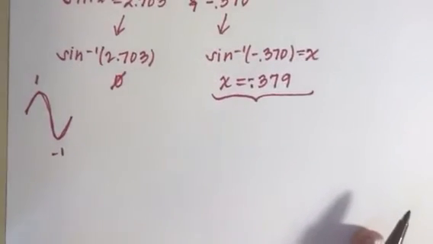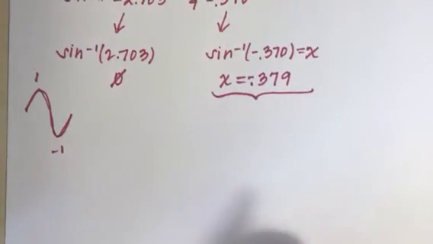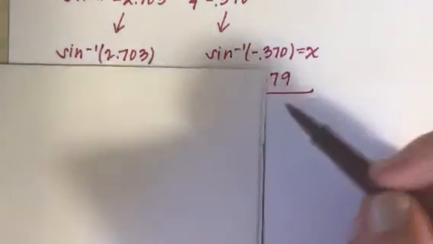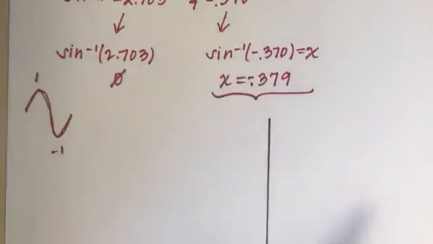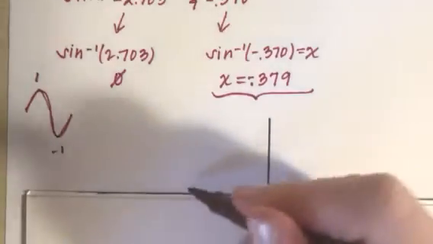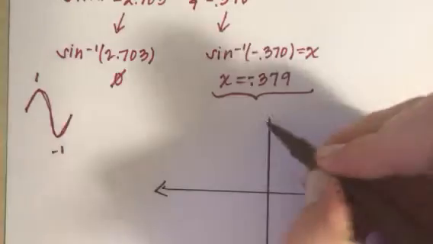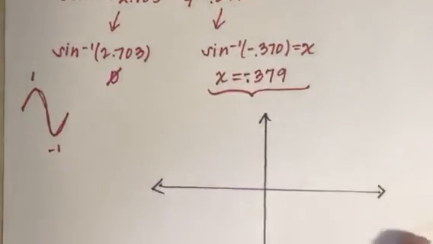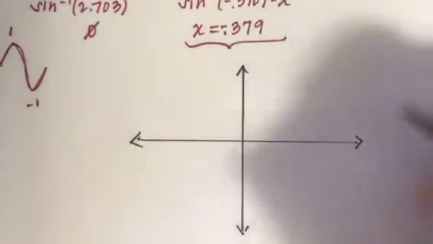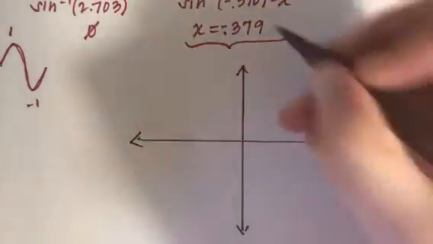So this is where we have to think back to when we first tried inverse sine problems and we had to think about our different quadrants on the unit circle, or just our different quadrants when we're thinking about sine and cosine. So let's go ahead and make an xy graph here. If we think of our circular reference frame, remember this is 0 and 2 pi.